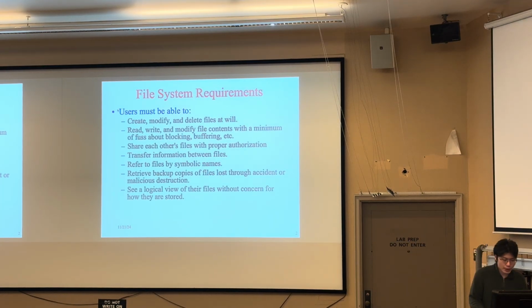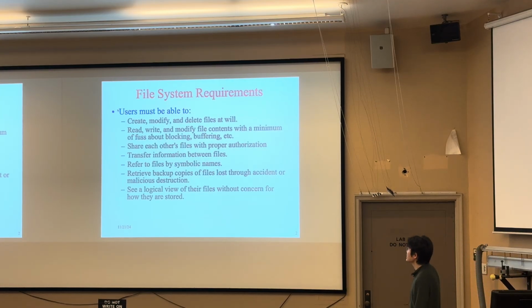All right, so we'll first start from the APIs. The users must be able to do these things using the file system API. You need to be able to create, modify, and delete files. This is very obvious.